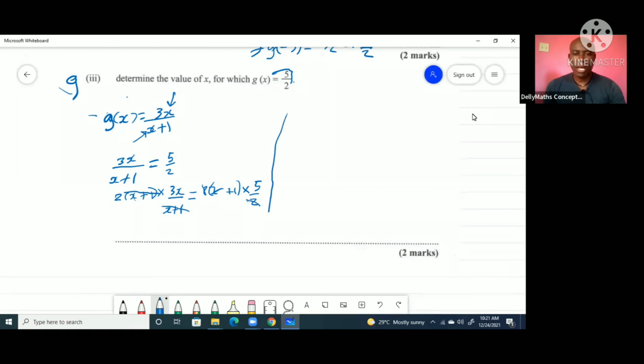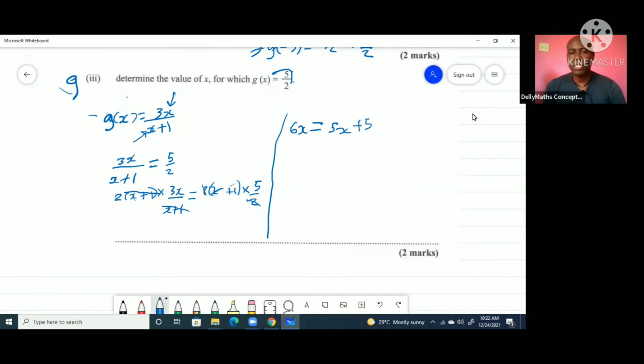So let's go up top here to see what's going on. On this side, I'm having 2 times 3x, and that's going to give me 6x on the left side here. And that is going to equal me distributing this 5 inside x plus 1. So 5 times x will give me 5x, and 5 times 1 will give me plus 5.